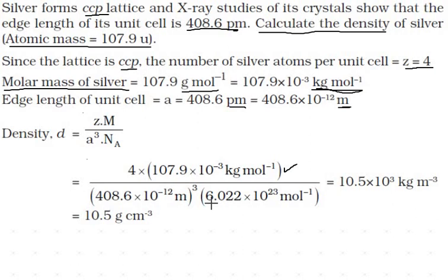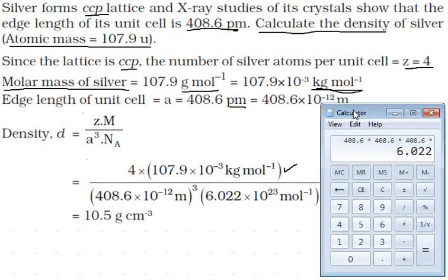Okay, now let us use the calculator to simplify this. First I would like to simplify the denominator, that is 408.6 whole cube into 6.022. So I have taken 408.6 into 408.6, three times because it's a cube, into 6.022. Let us see what value comes. It comes as a very large value. You can note this anywhere. Okay, let me also note this.